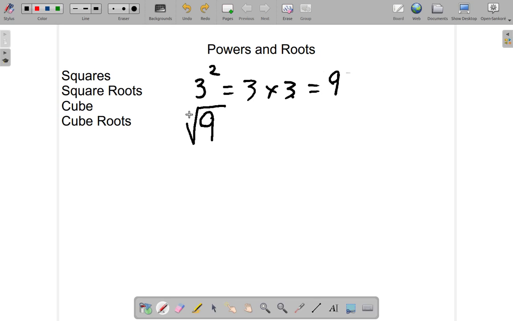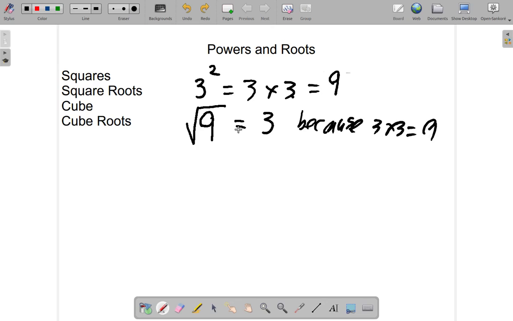Now originally the intention is for you to have a 2 here, showing you that it is a second root, the square root of 9, but by convention you just leave this sign as it is. So the square root of 9 is 3, because 3 times 3 gives you 9.